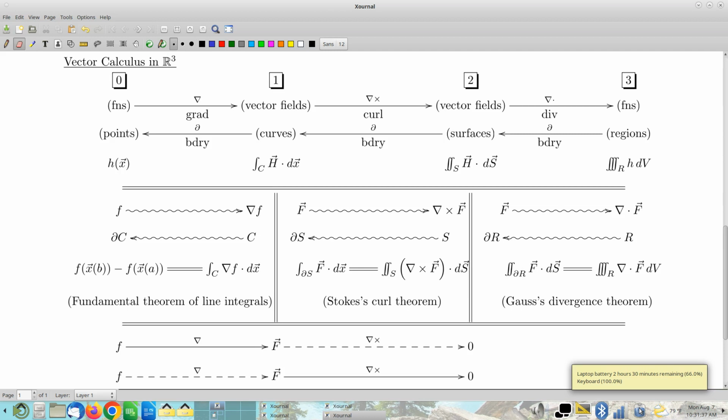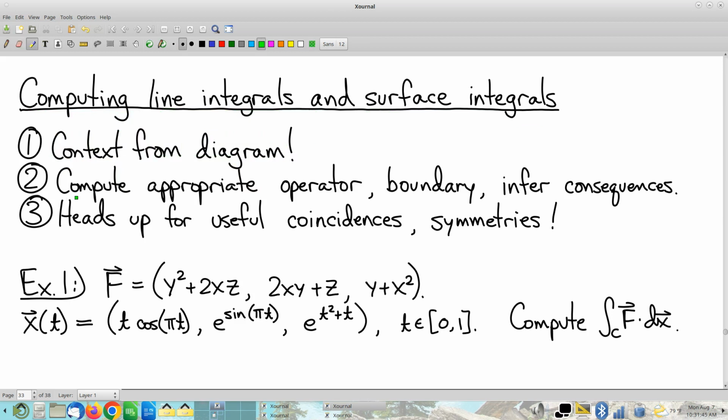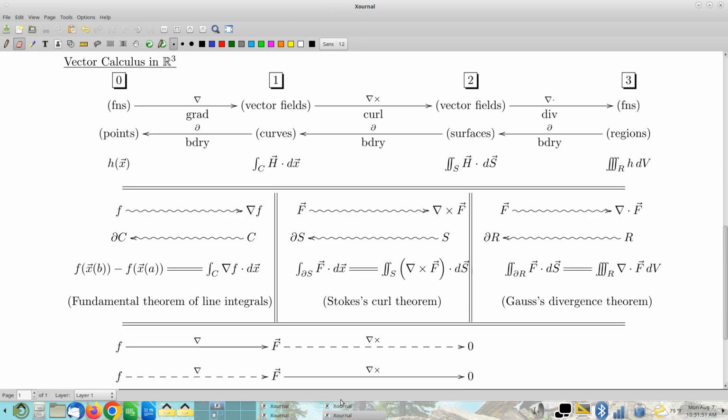Okay, so, context from the diagram. Compute the appropriate operator, it says. So, what does that mean? Back to the diagram. Let's suppose that I was asked to compute a flux.